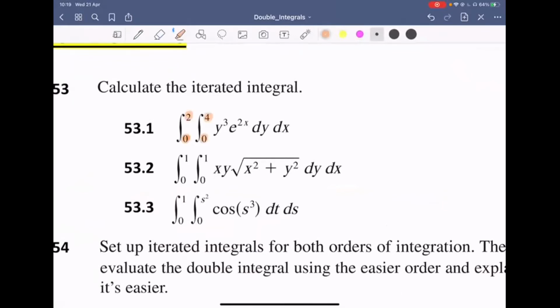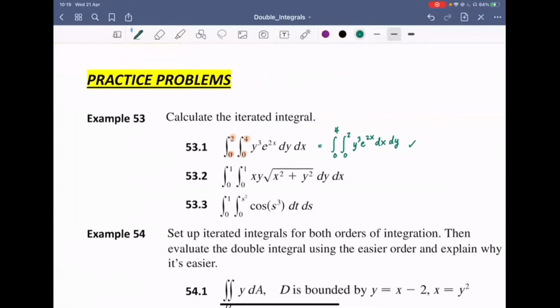When you have that, it means the domain is a rectangle. And this is the same thing with integrate. The same here. The x dy, x from 0 to 2 and y from 0 to 4. You can do either the x dy or dy dx like that. Well, this is acceptable because the domain is rectangular.